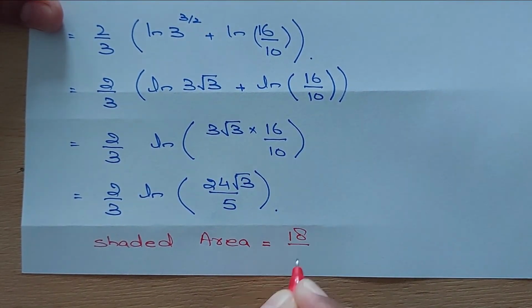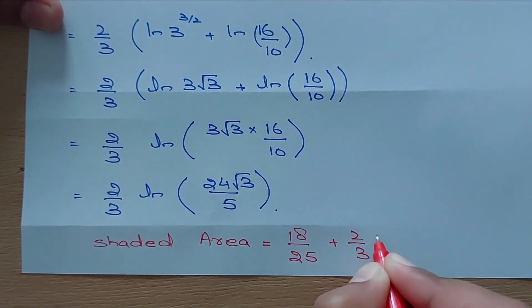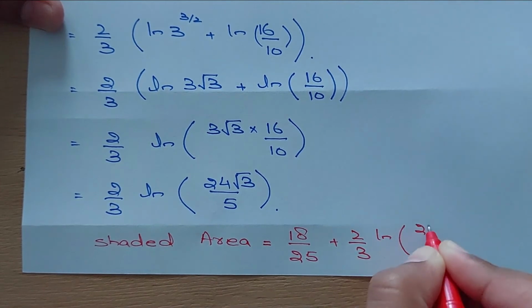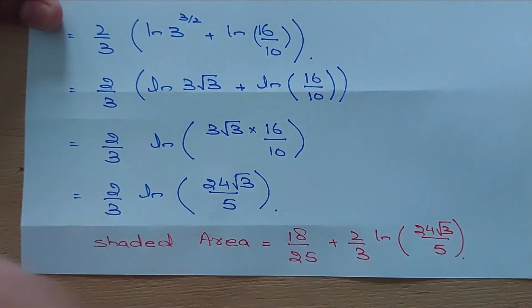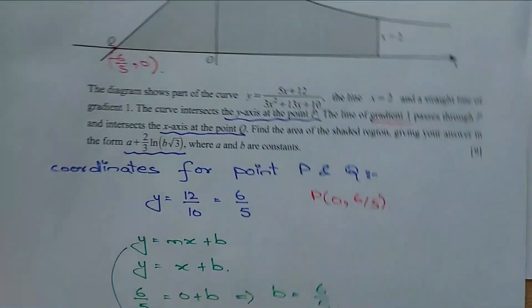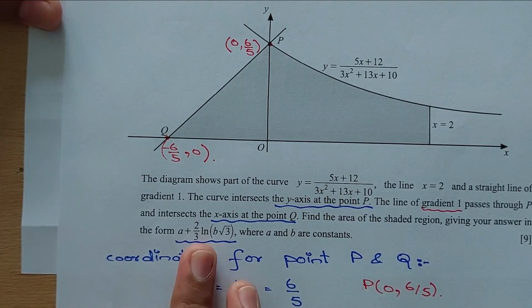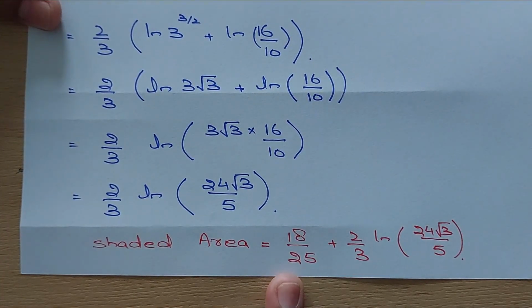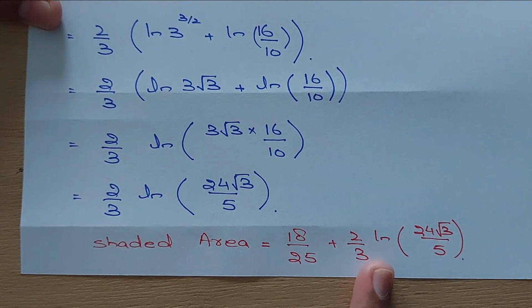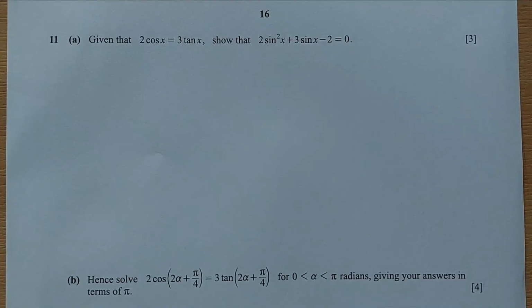So 18 by 25 plus 2 by 3 natural log of 24 square root of 3 divided by 5, right? So this is in the form of a plus 2 by 3 natural log of b square root of 3. So the a value is 18 by 25 and the b value is 24 by 5, where a and b are the constants.